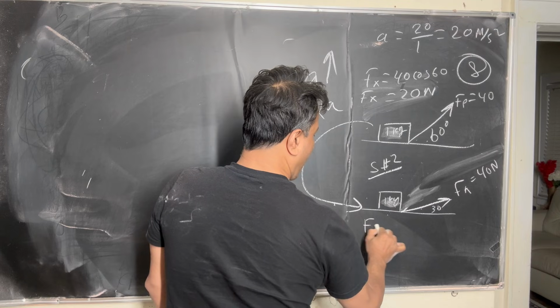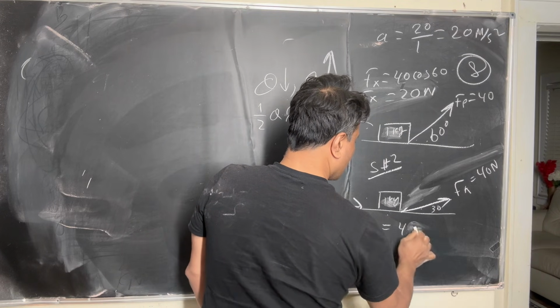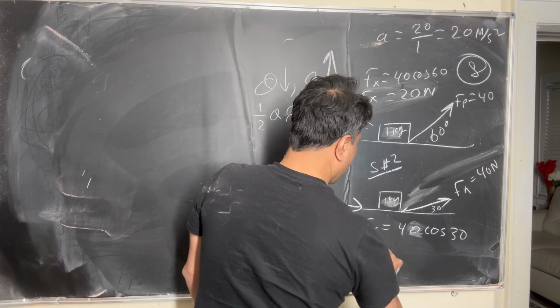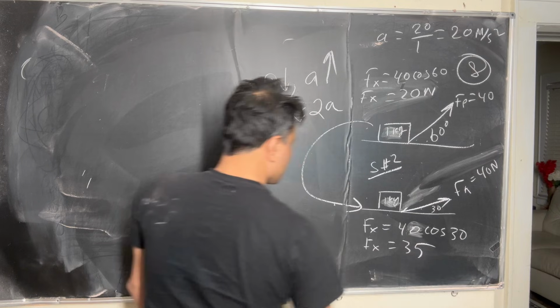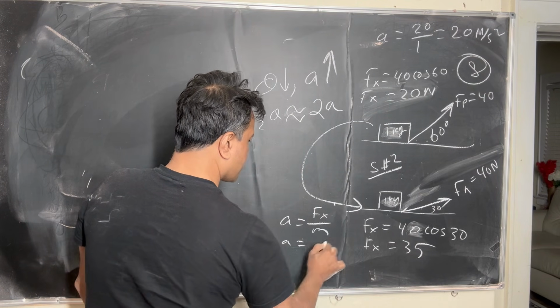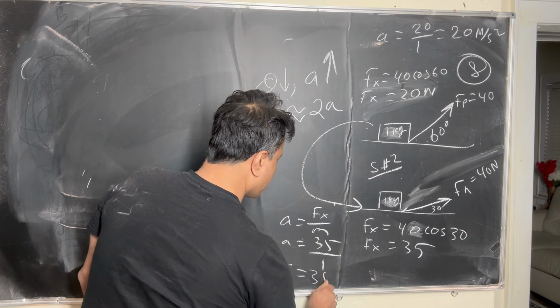All right, so fx is 40 cosine 30. So fx is 35. So acceleration is fx over m. Acceleration is 35 divided by 1. So acceleration is 35.